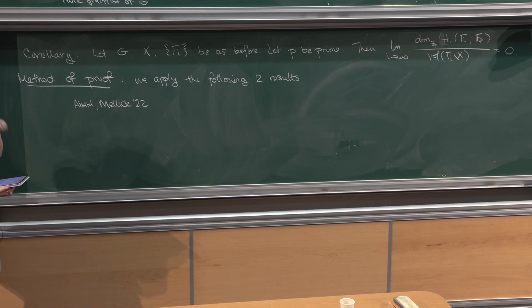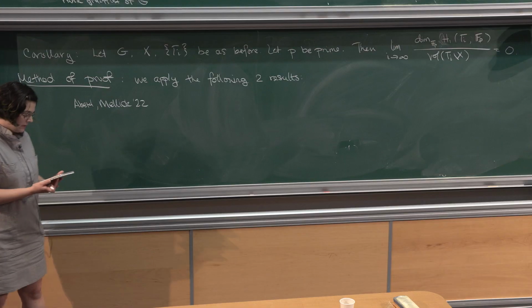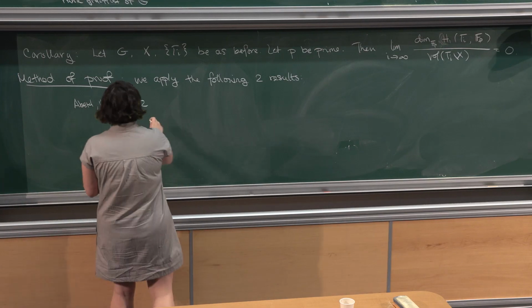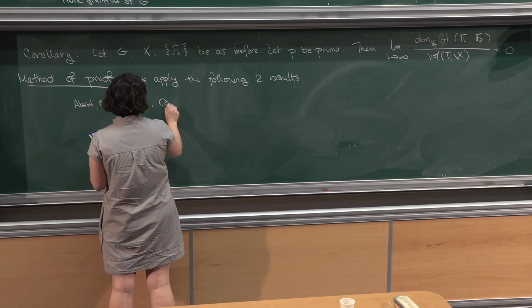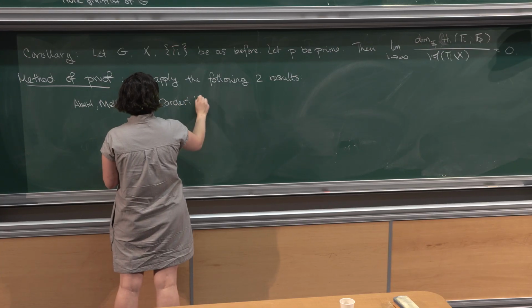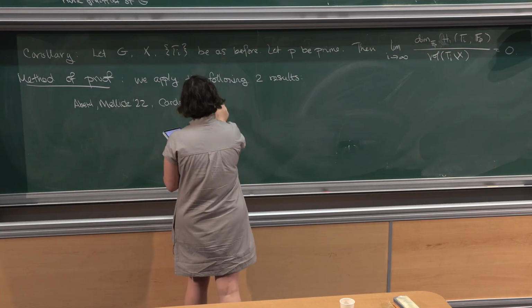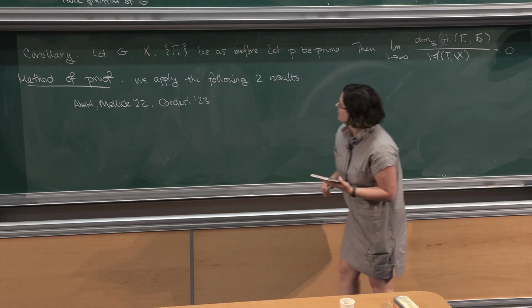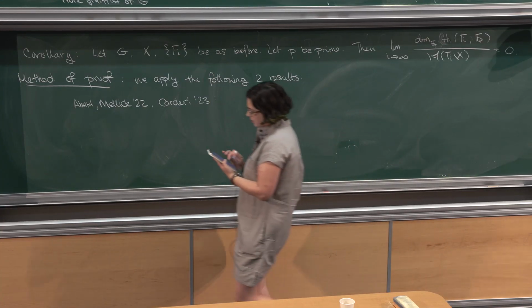Okay, so one result is in a paper of Mikolaj and Sam, also independently in a paper of Carderi. Okay, again, G, X, gamma, I are as before.